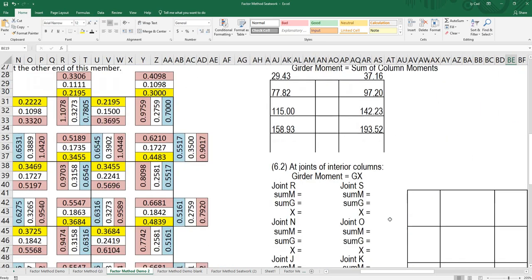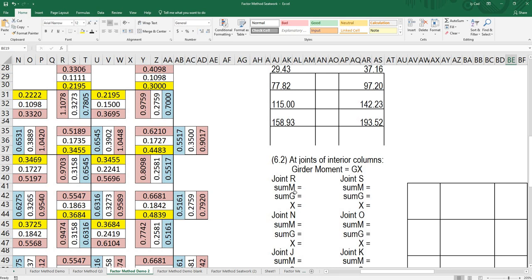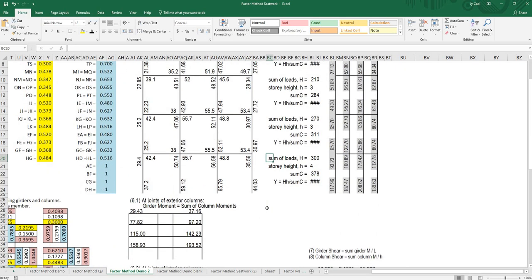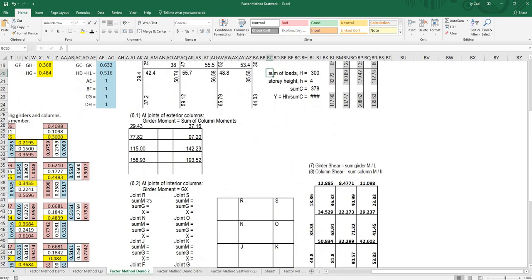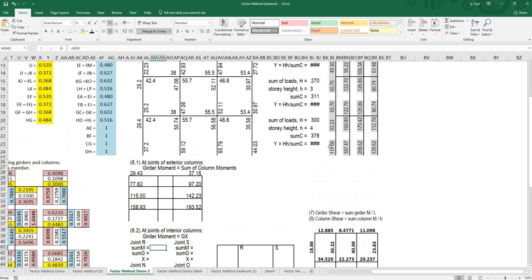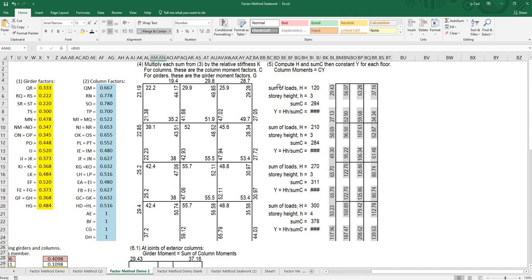And then, dito na tayo sa joint R. For joint R, summation moment is equal to, dito natin yan kukunin sa column moments, which is 56.07.